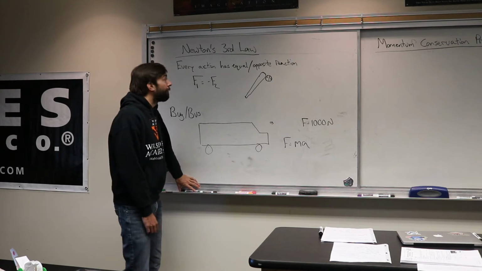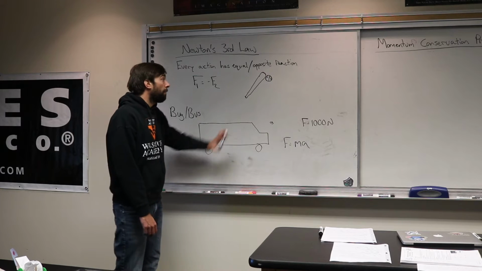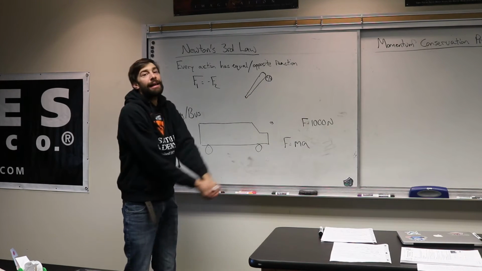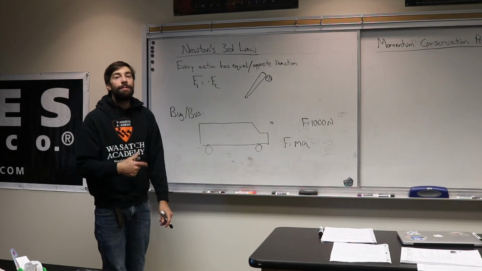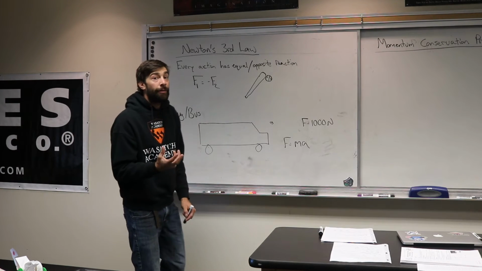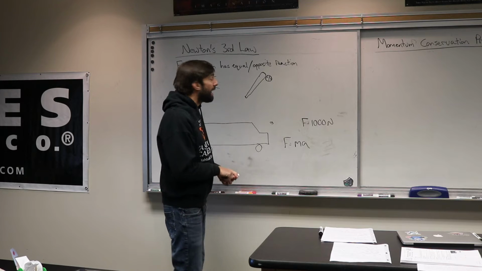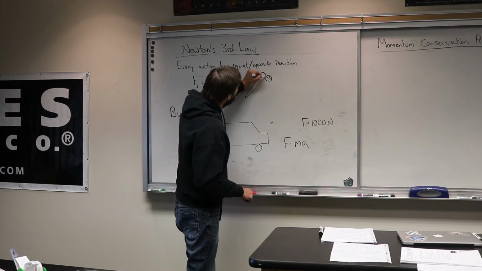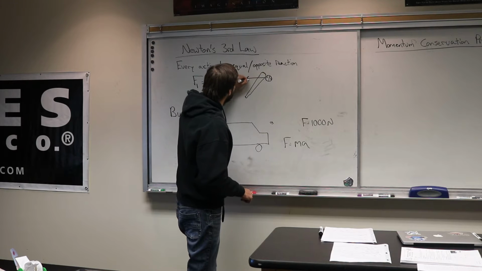So in the example of a baseball and a baseball bat, if I take that baseball bat and smack the baseball, the bat and the ball feel the exact same amount of force at any given time, but they're just in opposite directions.